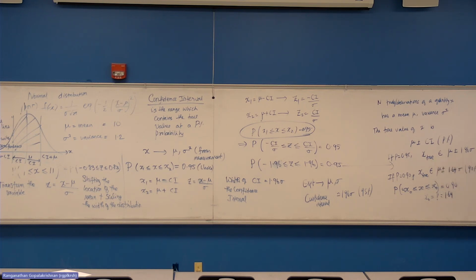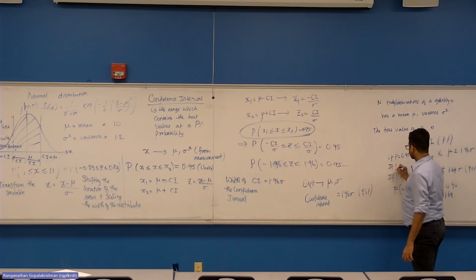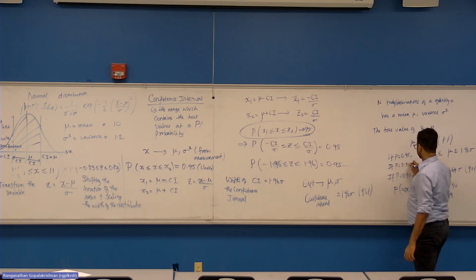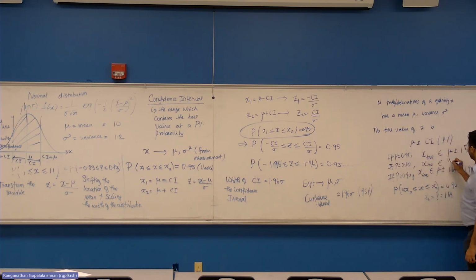If you want 95% guarantee or probability, the interval is wider. If you want only a 90% guarantee, the interval becomes narrower. If you want only 50% guarantee, can you do that? If p equals 0.50, then the true X lies between mu plus minus dot dot dot sigma with 50% chance.